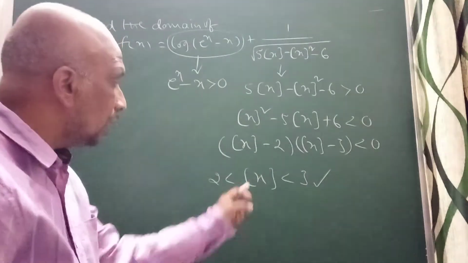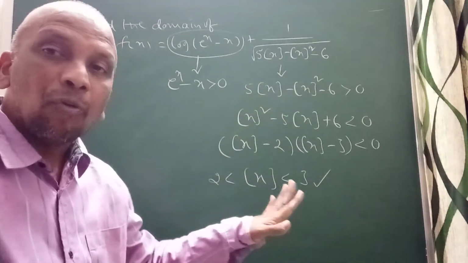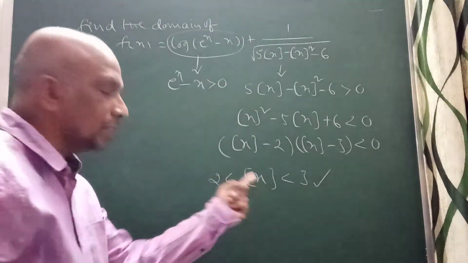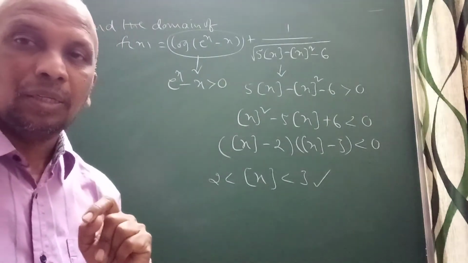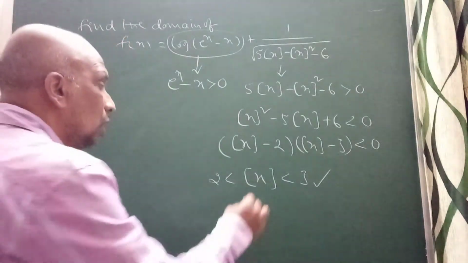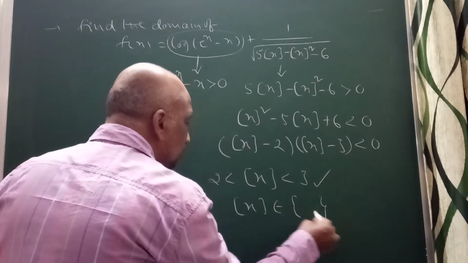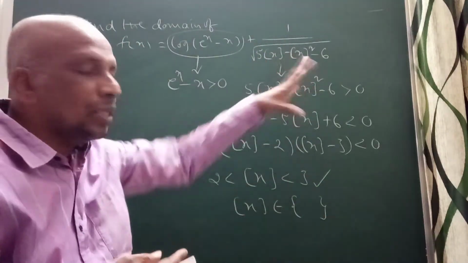That means there is no such x to satisfy this. So the value of [x] belongs to the empty set. That means the domain of this part is the empty set.